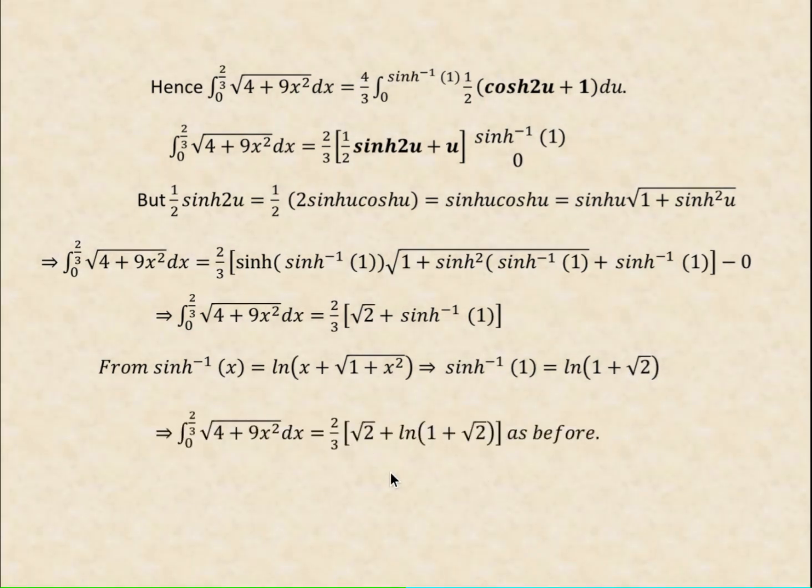And so we can now simplify our integral to have integral from 0 to 2 over 3 of the root of 4 plus 9x squared dx equals 2 over 3 into root 2 plus ln of 1 plus root 2, which gives the same result as we had when we did the substitution using a trigonometric function.